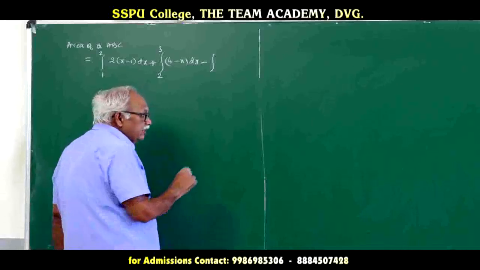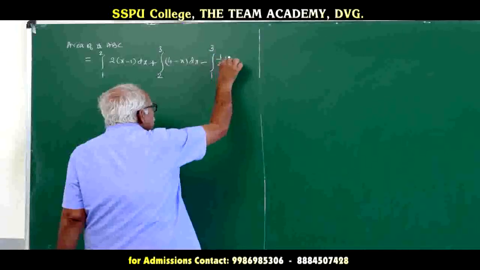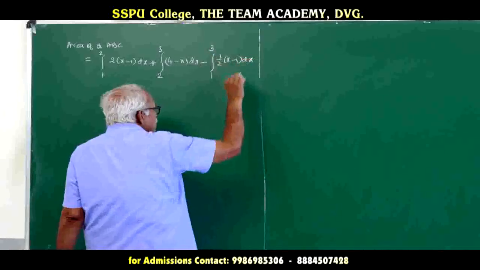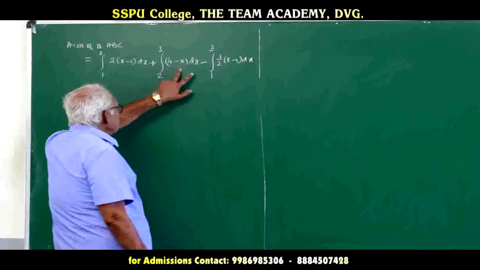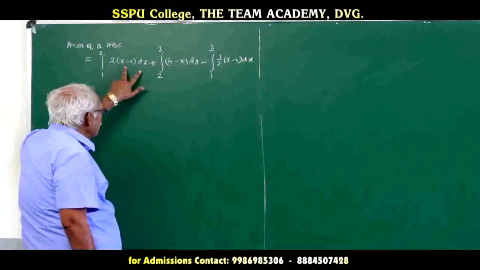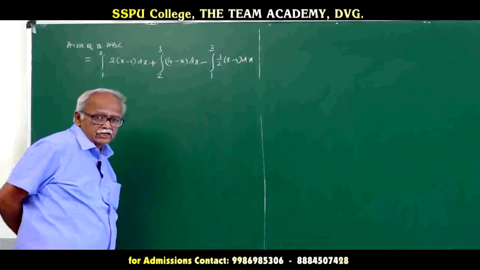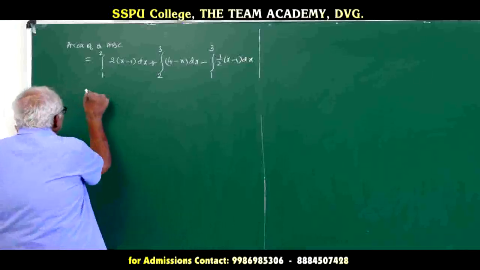What are the limits here? 1 to 3, 1 by 2, y is 1 by 2 into x minus 1. Now, if we evaluate this integral, we are going to get the area of the triangle.